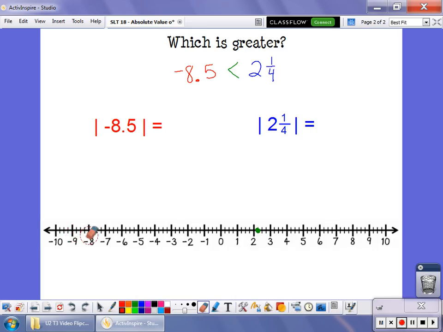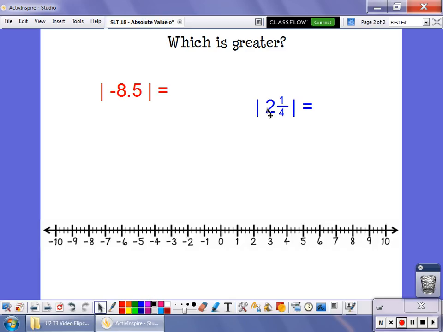But now we want to talk about comparing not the values of the numbers, but we want to compare the absolute values. So we want to compare the absolute value of -8 5/10 to 2 1/4. So the absolute value of -8 5/10, if I mark that, would be right here.